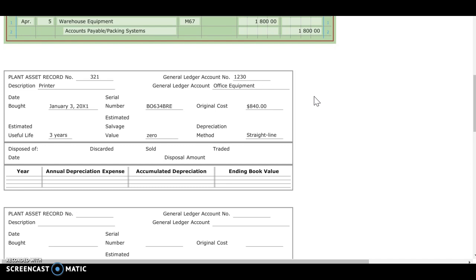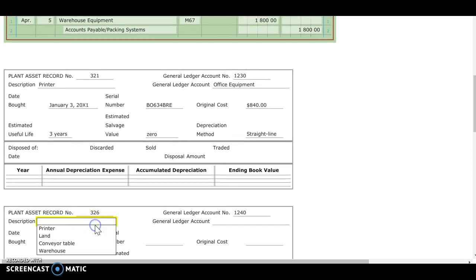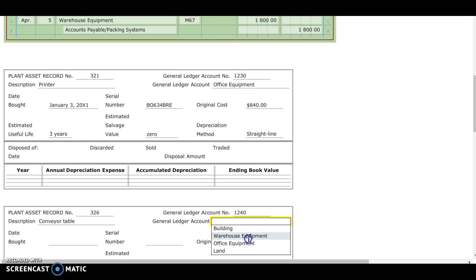Now our next one was from April 5th. It was the conveyor table. So that one, it says we're going to use 326. We put that in as warehouse equipment. So that's going to be, let's see here, warehouse equipment was 1240. The description was a conveyor table and it's warehouse equipment. We bought it on April 5th, 20X1.